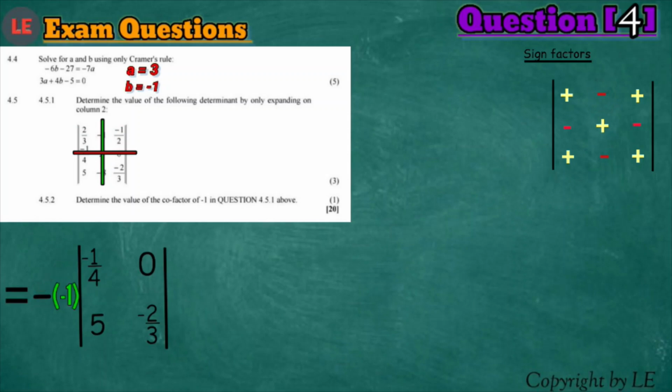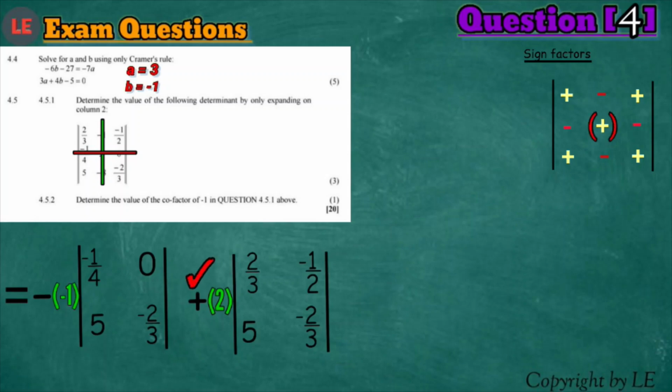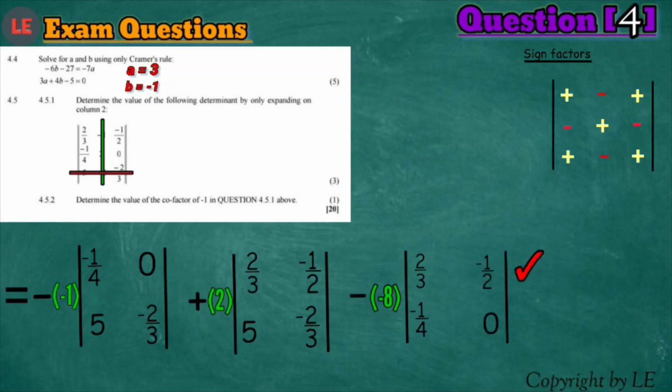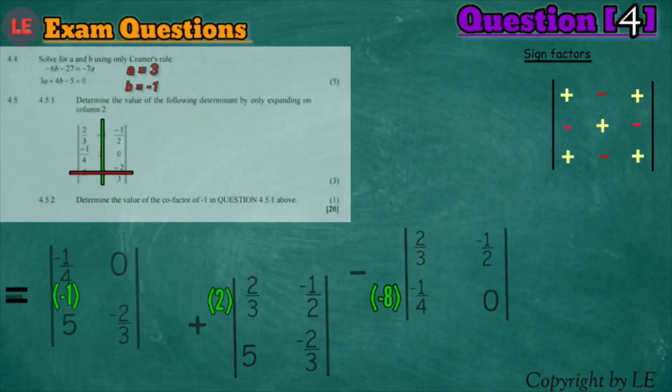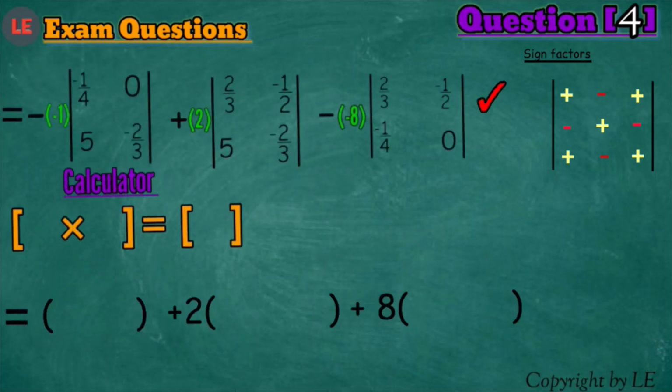When we strike out row 2, the lines meet at this 2. This is the group of elements left out, whereby the sign factor is positive. Then we move to strike out row 3, which means we have negative as the sign factor, and also this 8 is negative, and this is the minor associated with this element 8. From this point, we use evaluation of the 2 by 2 determinant.